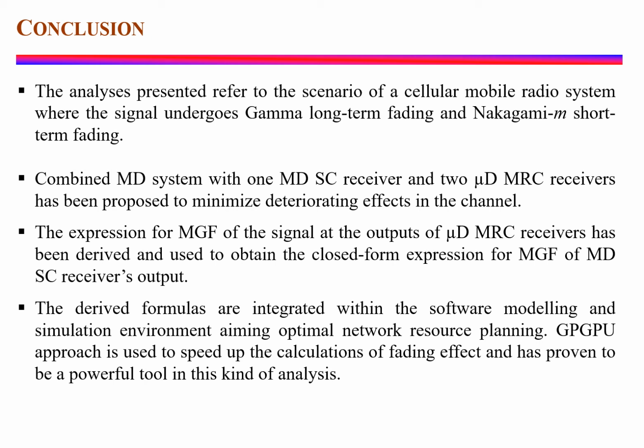The expression for moment-generating function of the signal at the outputs of microdiversity maximal ratio combining receivers has been derived and used to obtain the closed-form expression for moment-generating function of macrodiversity selection combining receiver output. And finally, the derived formulas are integrated within the software modeling and simulation environment, aiming optimal network resource planning.